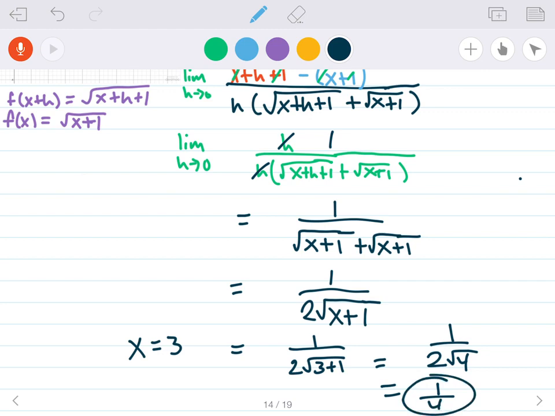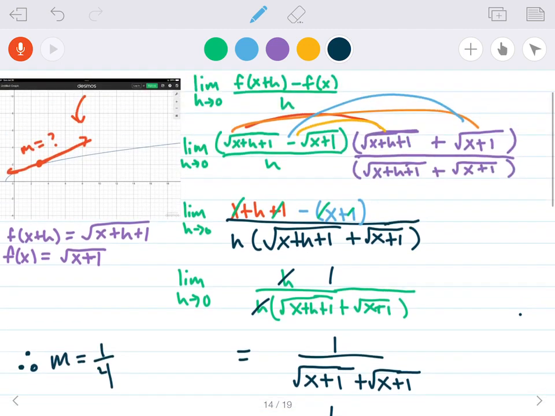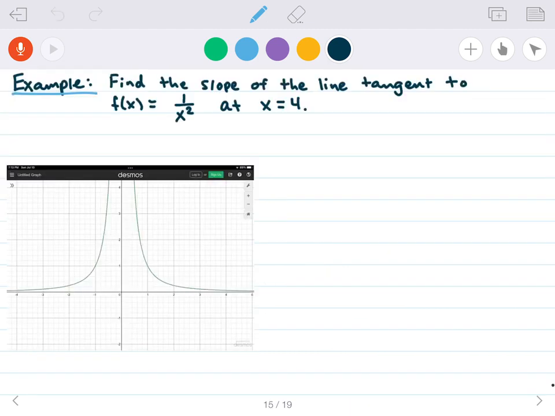All right, so therefore the slope is 1 over 4 at x equals 3. And does that make sense from our picture? Well, we know that it's a positive slope for sure. And so yeah, that makes sense. Our slope's 1 over 4. Okay, let's do another example.